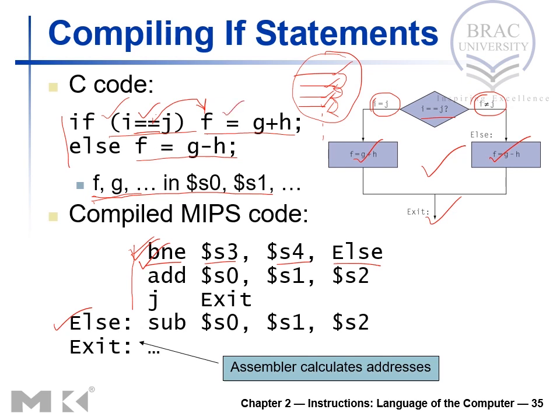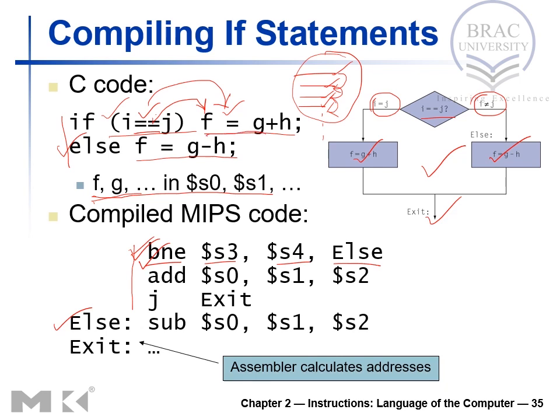So if this condition is true, then the automatic execution is this. But what if this condition is not true? You need to execute the else case. But the problem is that after this if statement, the next instruction is this one.